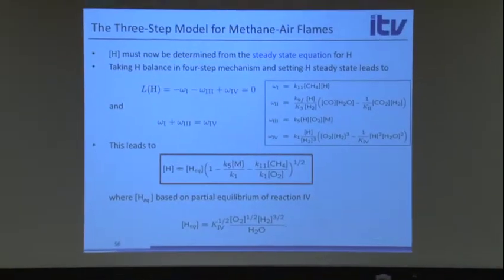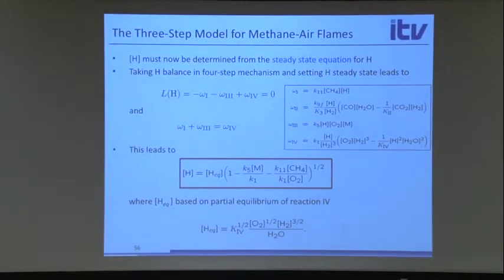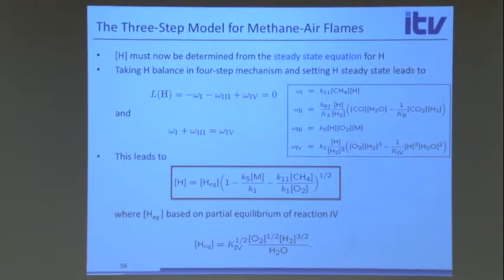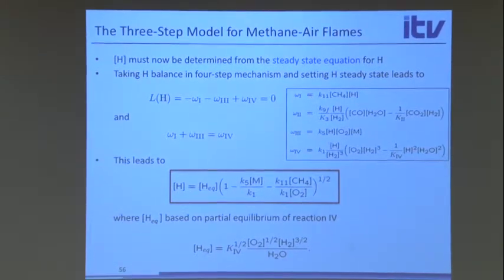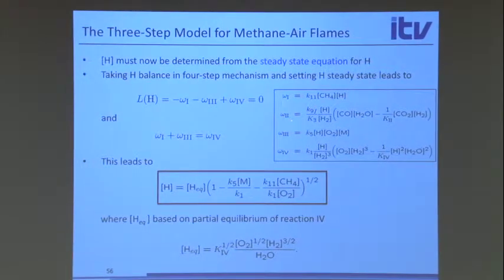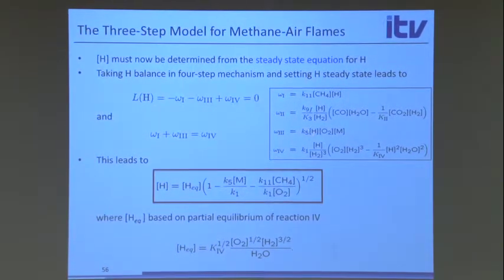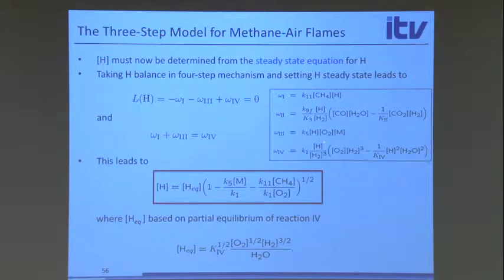This is the expression that I just wrote down. Here are the rates: omega 1 includes hydrogen, omega 3 includes hydrogen, and omega 4 also includes hydrogen. And so you see this hydrogen goes away, and what's left over is this hydrogen here. Then I can solve this for the hydrogen concentration, and this is what I get, with H equilibrium just an abbreviation.